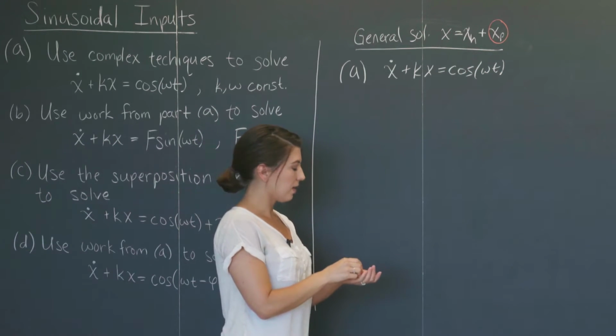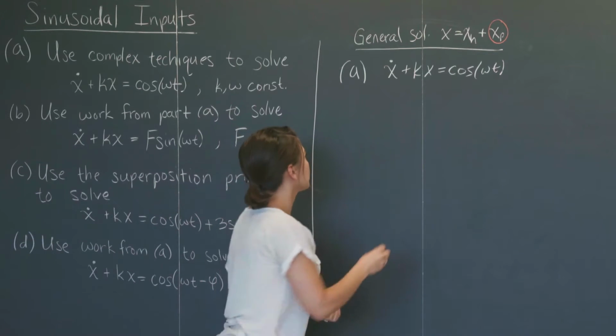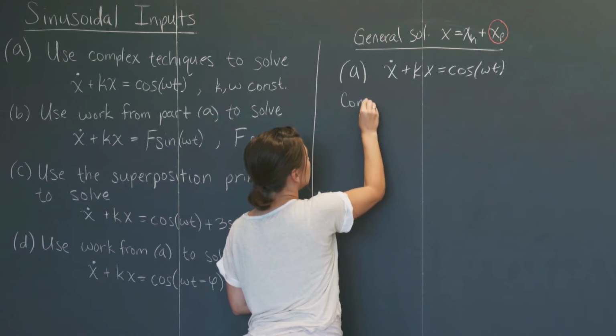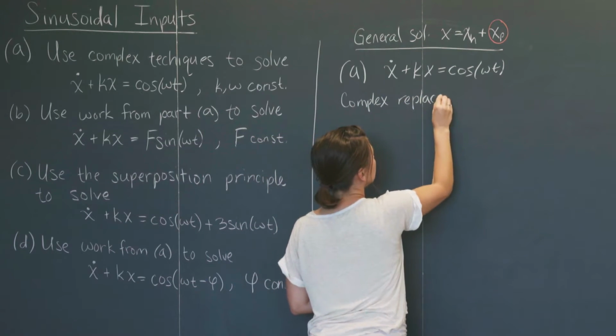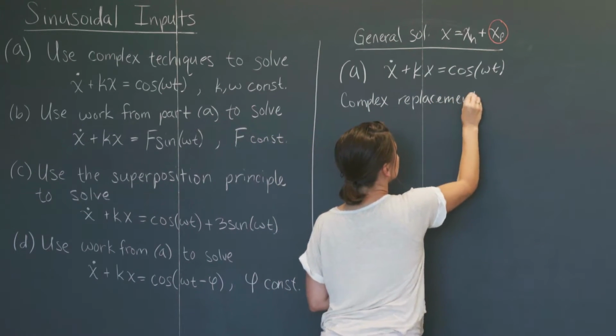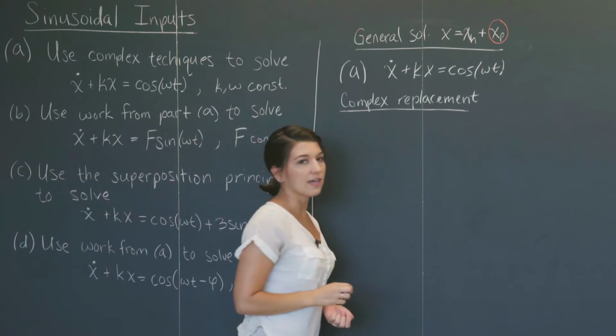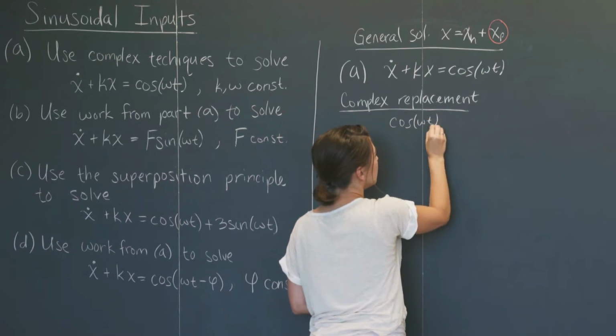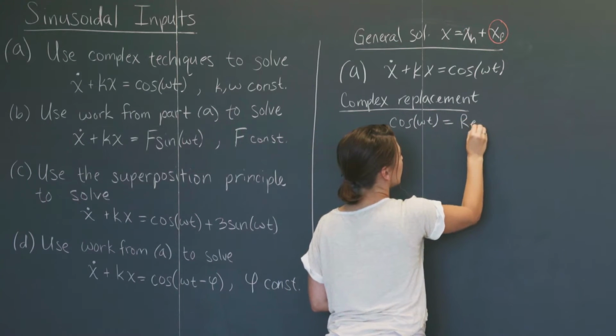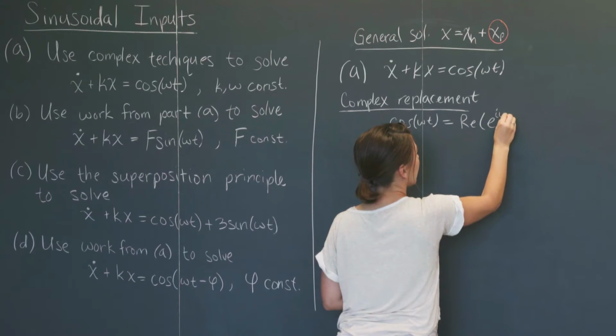To solve this, we're going to use complex replacement, by realizing that cosine of omega t is equal to the real part of e to the I omega t.